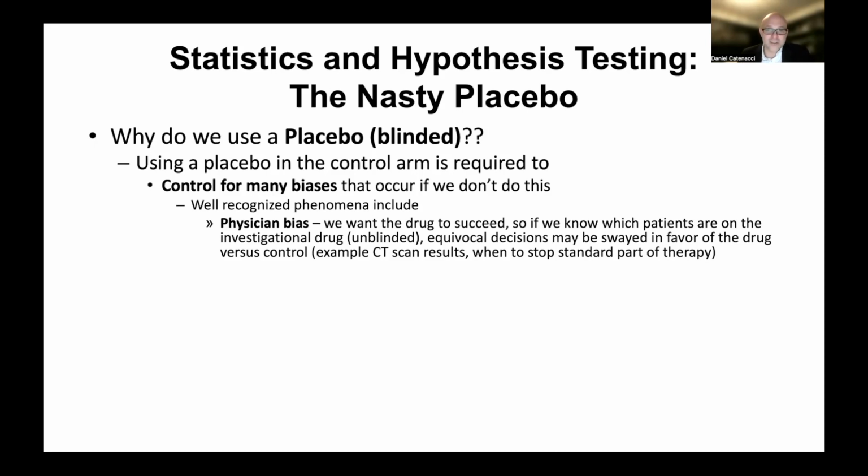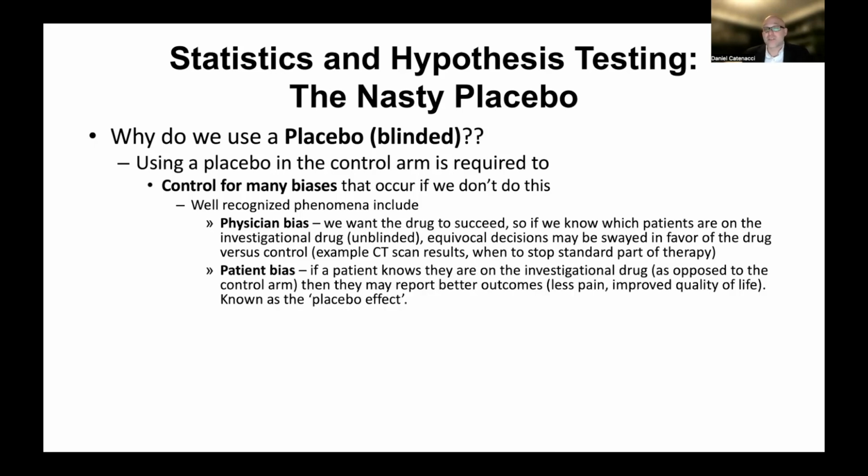Physicians want the drugs to succeed also. And so whether consciously or not, decisions are being made in terms of when to stop therapy based on scan results, based on patient symptoms and side effects. And so if it's known who is and who isn't on an investigational therapy, decisions can be made and swayed in favor of the investigational drug, again, whether it's consciously or not.